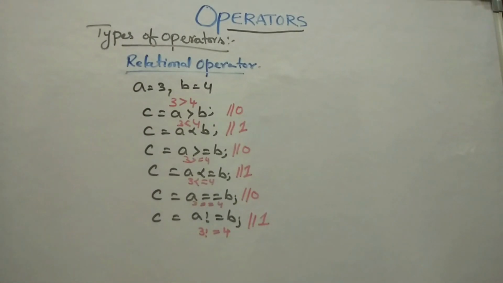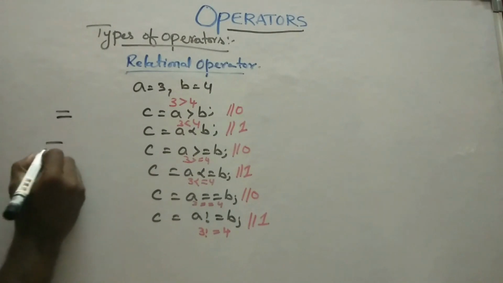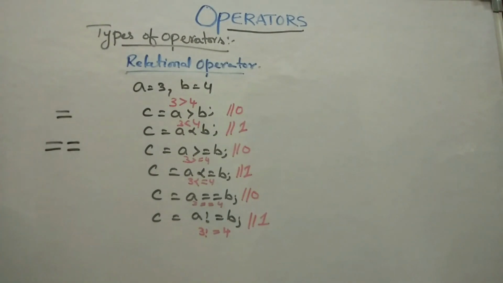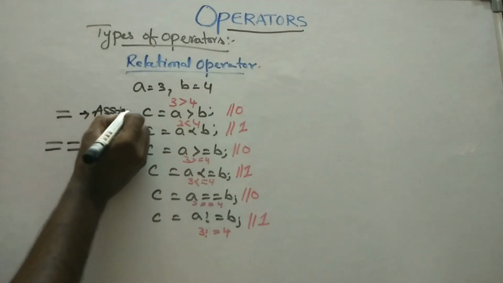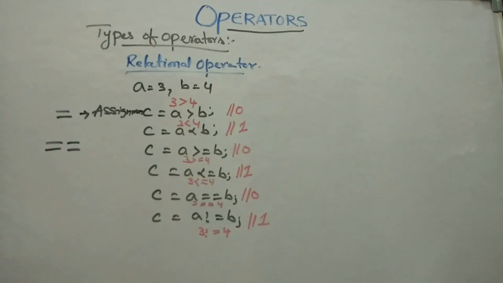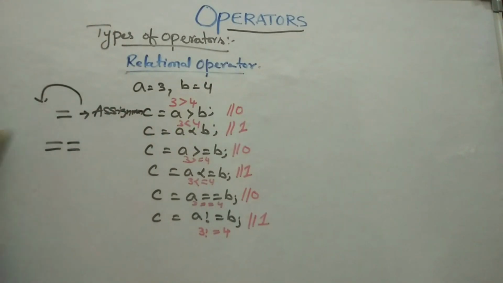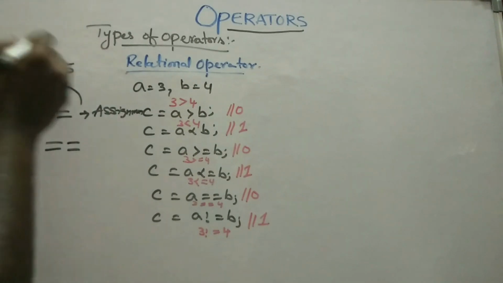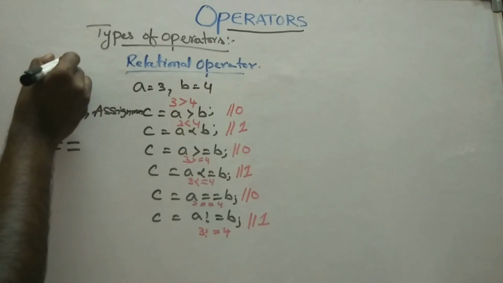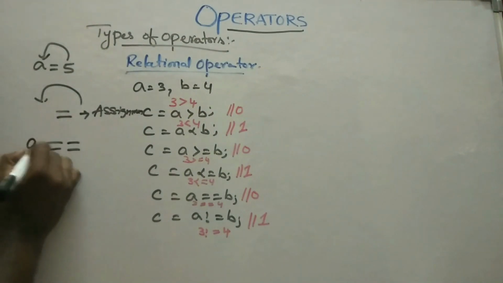And here I can say one thing. What is the difference between equal and double equal? Here single equal is used as the assignment operator. That means it assigns the value from the right side to the left side. Suppose for example A equal to 5. What is the meaning? Here I am assigning the value 5 to the variable A. Now what is the meaning of double equal?